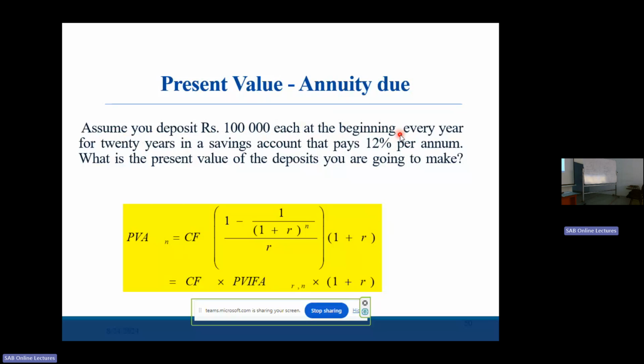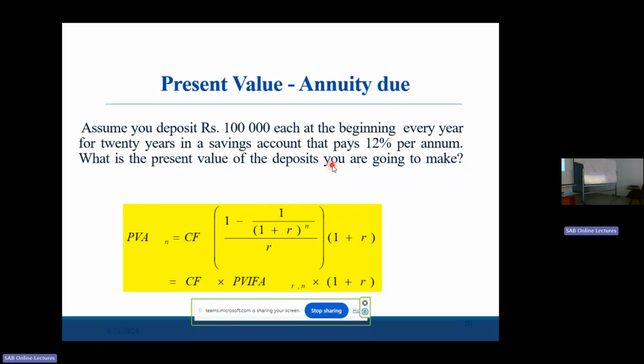Beginning of the period means it is an annuity due. So the formula is this one. You should be able to apply that. So this is the beginning of every year, so it is not the ordinary annuity. This is due, so you have to apply this formula.